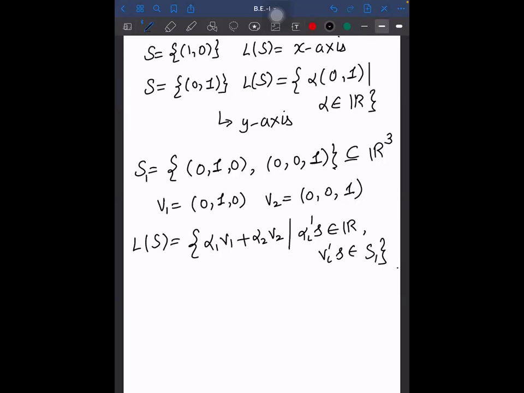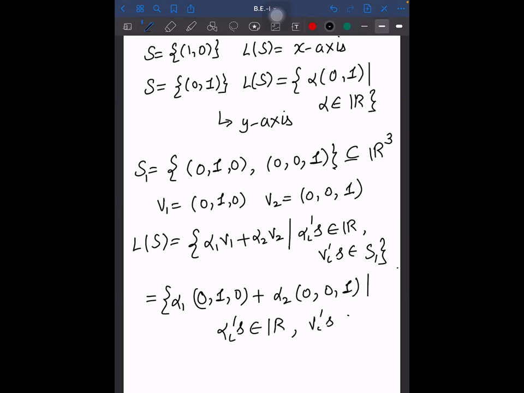If I calculate this, I get alpha 1 times (0, 1, 0) plus alpha 2 times (0, 0, 1), which gives (0, alpha 1, alpha 2).